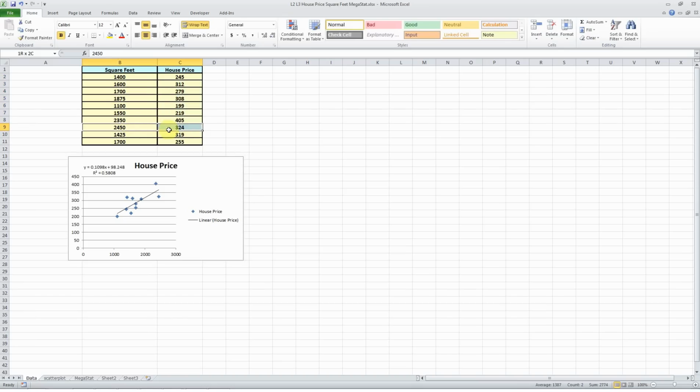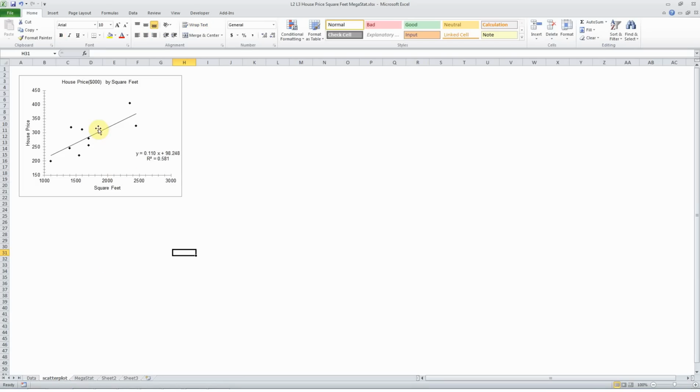So it's the point 2450 square feet and $324,000. Again, looking at that, let's see if that's it. No, I guess I got it wrong. There's 2450. So that looks like it's the high leverage point right there.